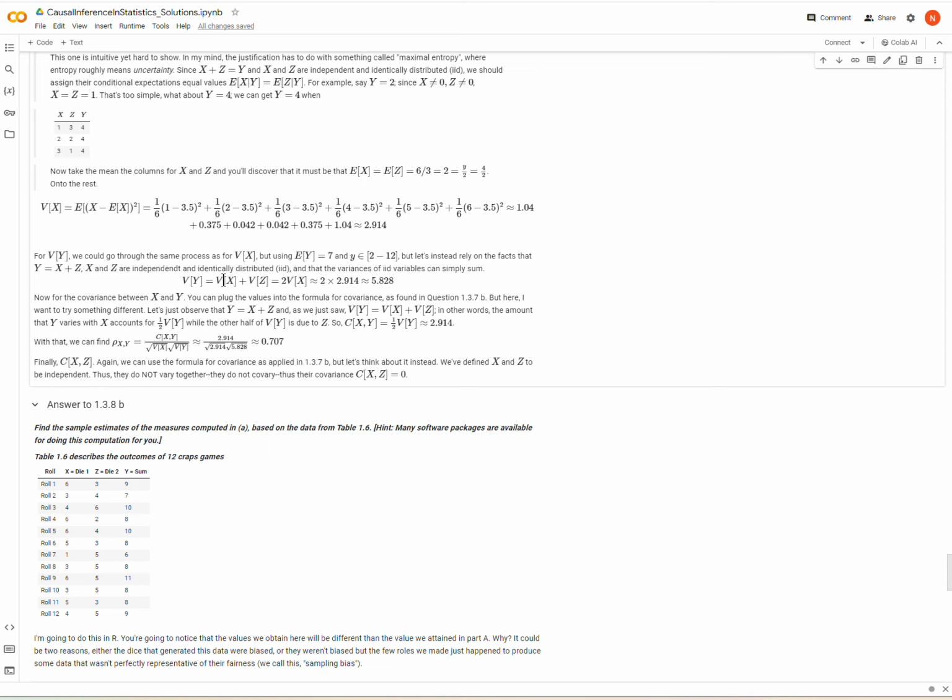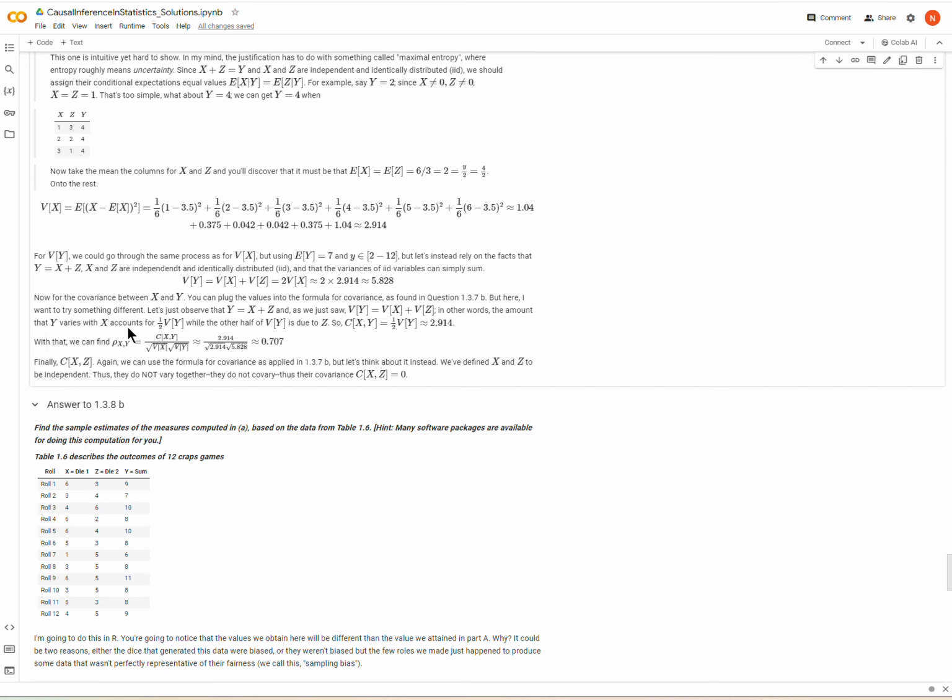And x and z are also identically distributed. So that means that the variance of y is going to be equal to the variance of x plus the variance of z. And because x and z have the same variance, it's just 2 times the variance of x, which we just found. So the variance of y is about 5.23, something like that.